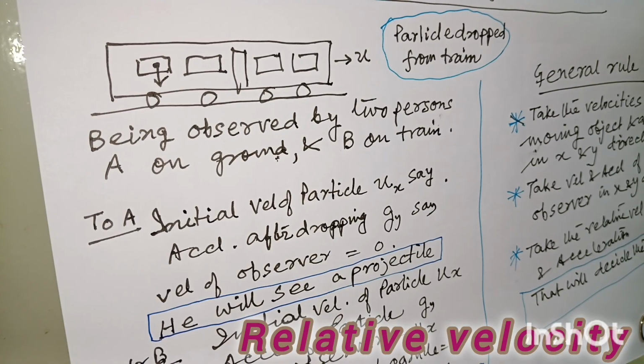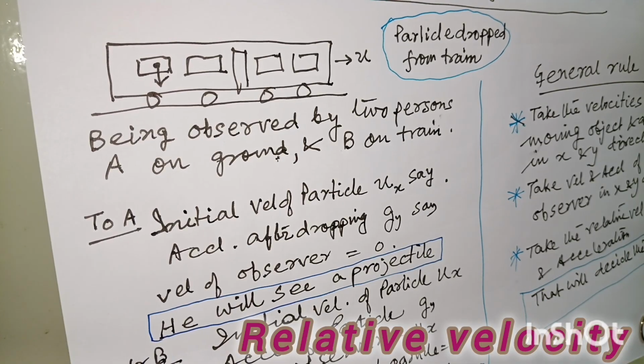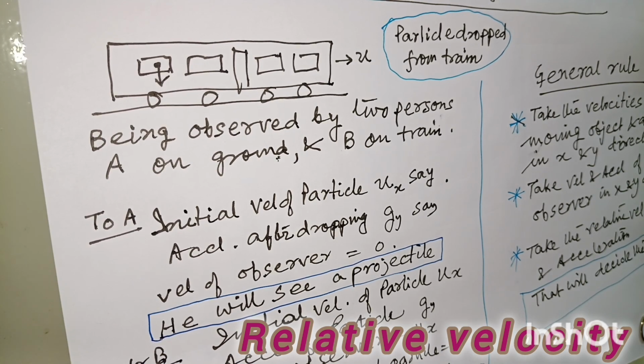And the observer has no velocity. So the observer will see whatever is the motion as it is, because his own motion is 0. Now, a motion which has an initial velocity horizontally and a vertical downward acceleration is equivalent to a particle thrown horizontally from the top of a tower.